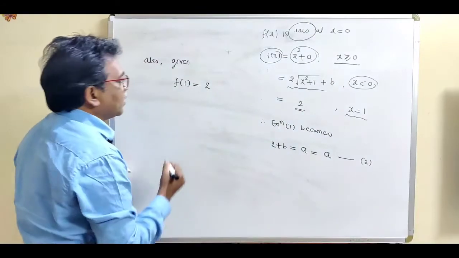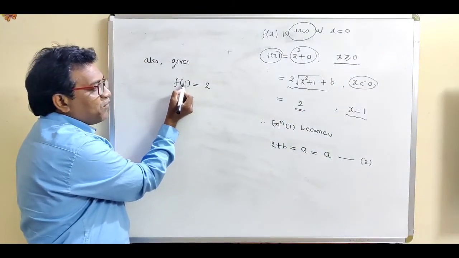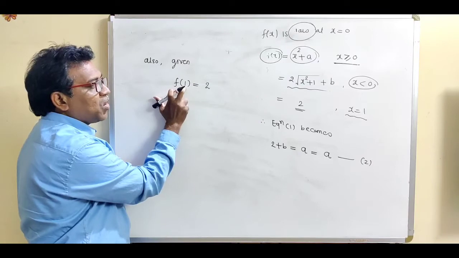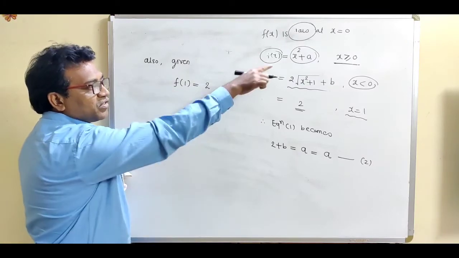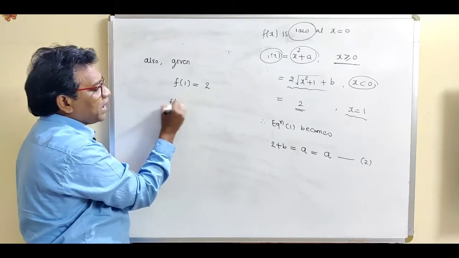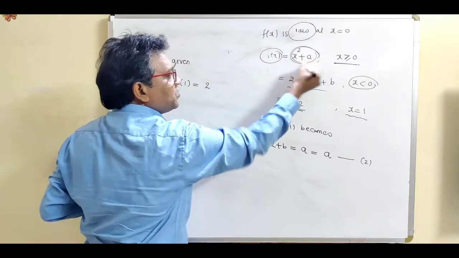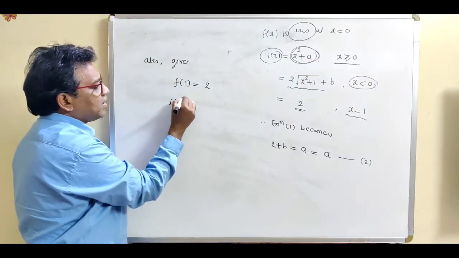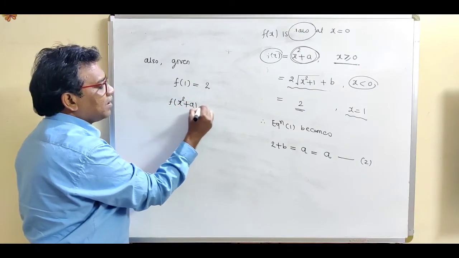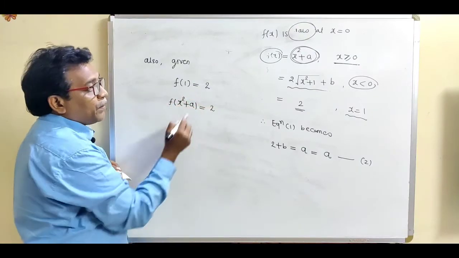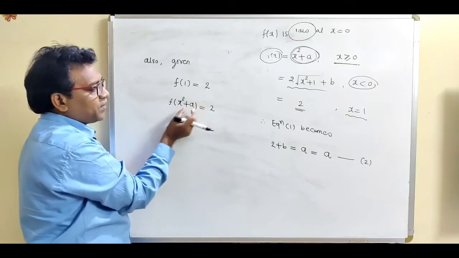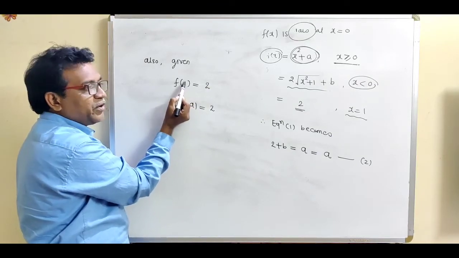Now see, we are given this f(1). 1 is a non-negative term. So just use the first function, x square plus a, equal to 2, because the first function x square plus a is valid for the non-negative term.